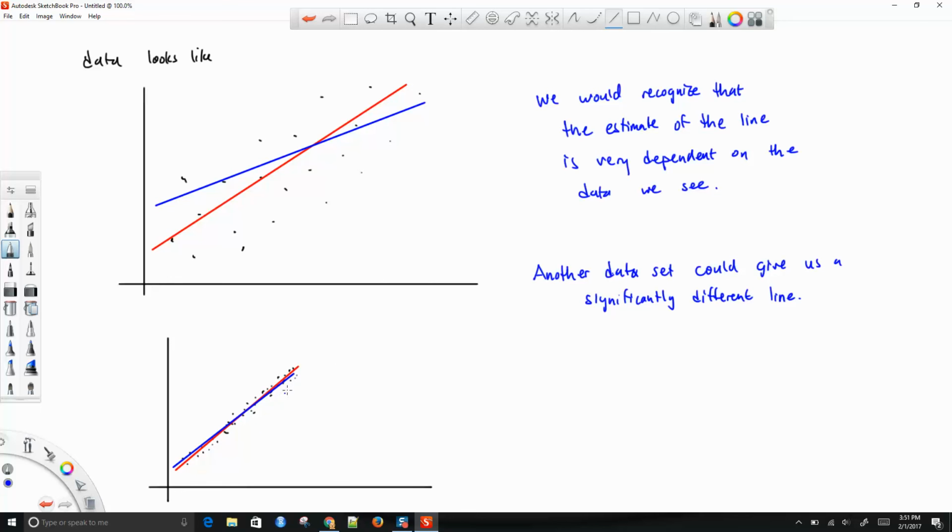So if this is our data, okay, our estimates of W, I guess W hat, will not produce wildly different lines.